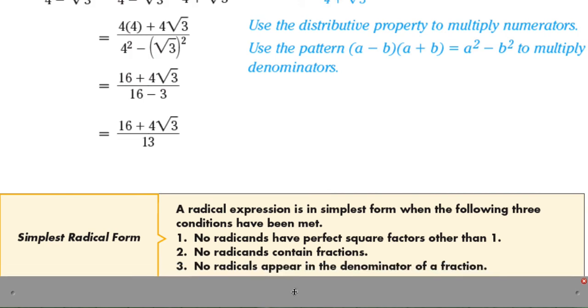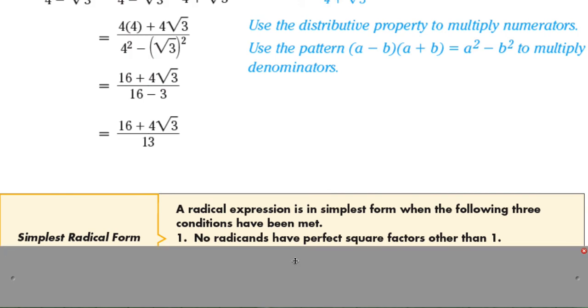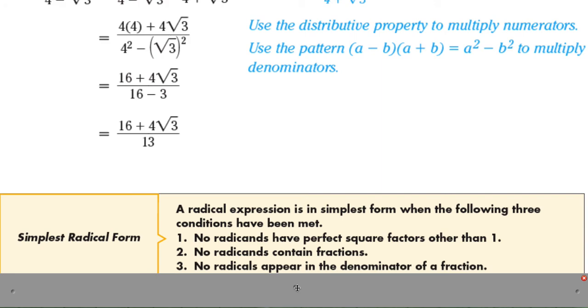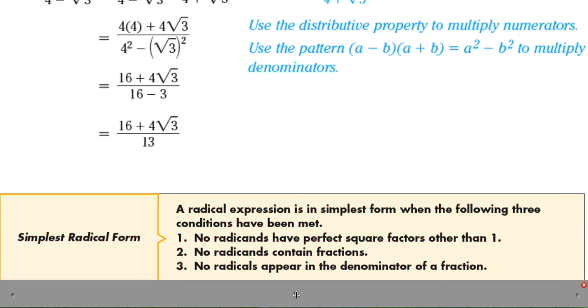First, no radicals have perfect square factors other than 1. Second, no radicals contain fractions. And finally, third, no radicals appear in the denominator of a fraction. So with these three, if these three conditions are met, your radical expression is in simplest form.